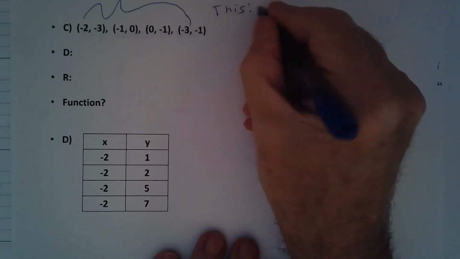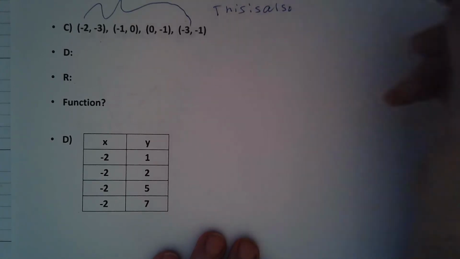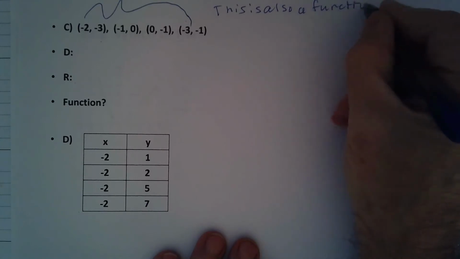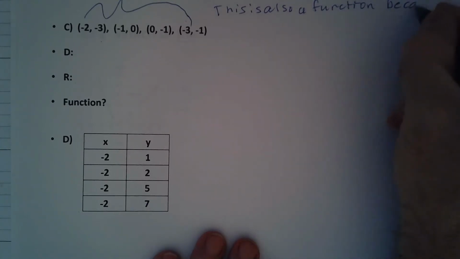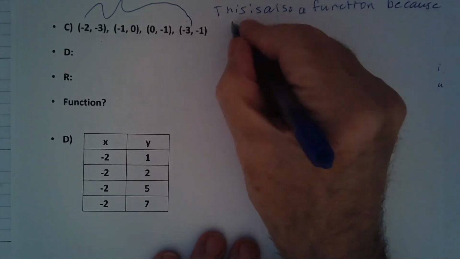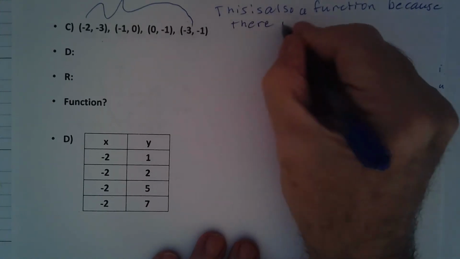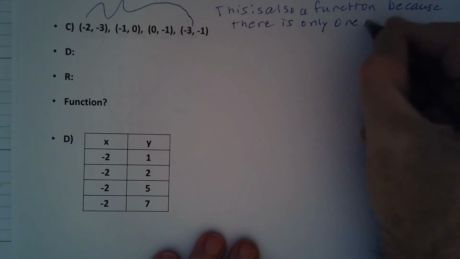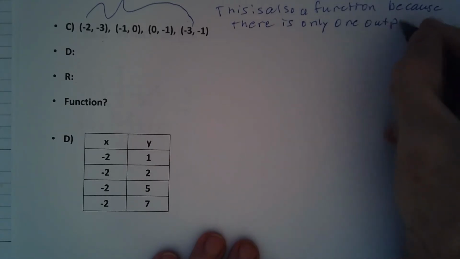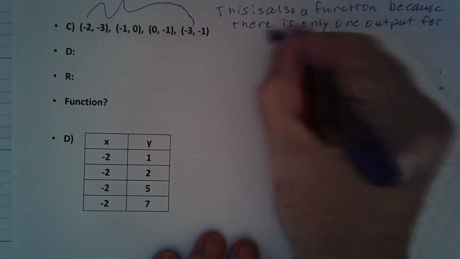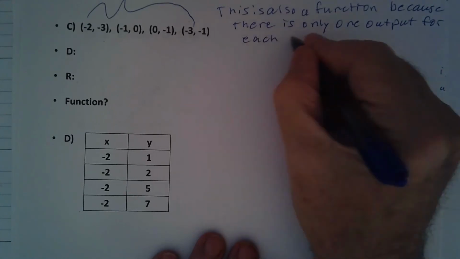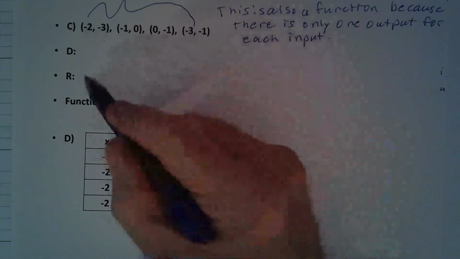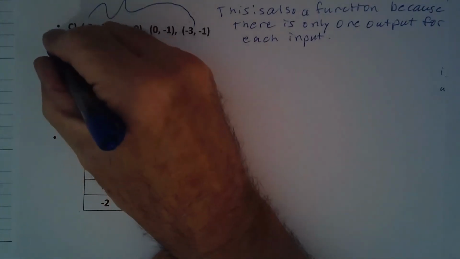This is also a function because, again, there is only one output for each input. Now we also want to know what the domain and range is. So D means domain.